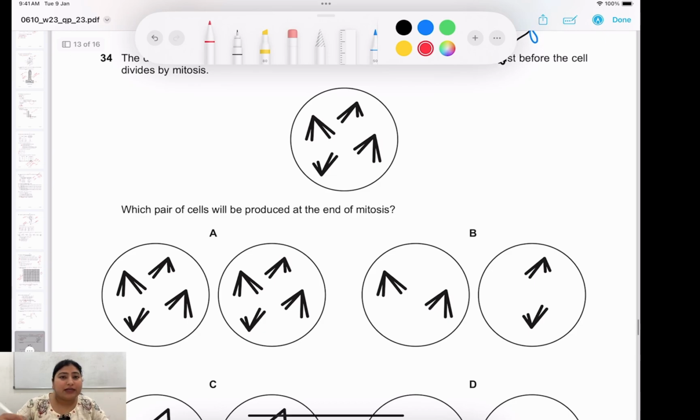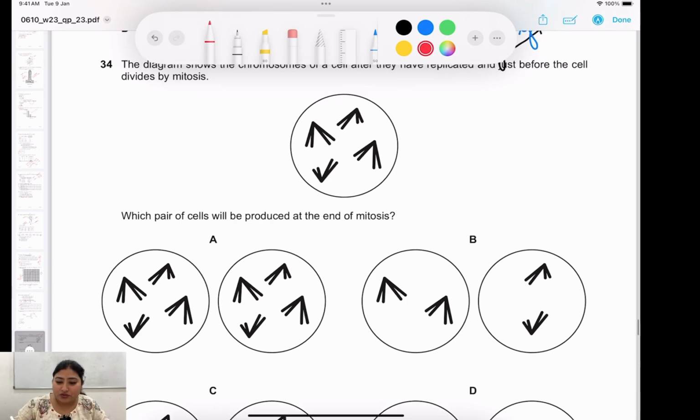So here, let me just tell you how it happens. Let's say there is a particular chromosome. Okay, this is a chromosome which is normally present in a cell which is not going through cell division. Now just before cell division, this chromosome is going to produce a copy of itself and there will be two chromosomes.